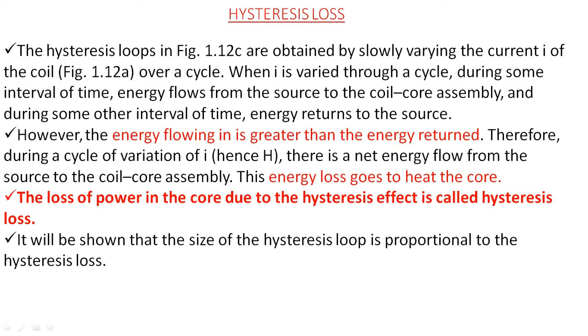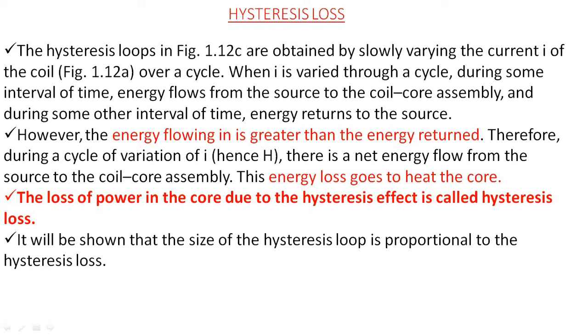The next topic: hysteresis losses. The hysteresis loops are obtained by slowly varying the current in the coil over a cycle. When I is varied through a cycle, during some interval of time the energy flows from the source to the coil core assembly, and during the other interval of time energy returns to the source.